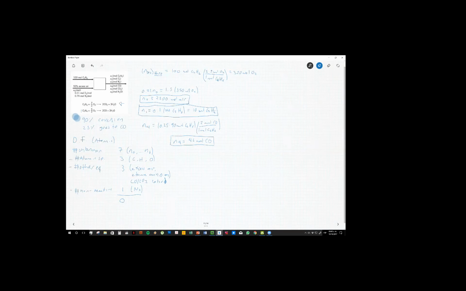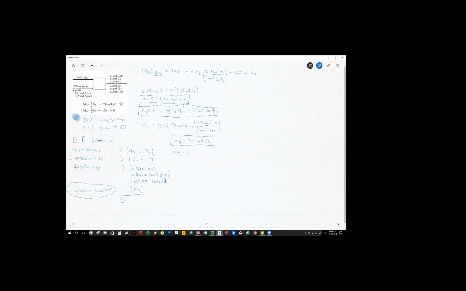Okay. And then, using for example the nitrogen balance, we know that we have a non-reactive species here, so we can calculate the amount of nitrogen that goes out, right? Because the nitrogen that gets into the reactor is the same amount that goes out of the reactor. So N3, that is nitrogen, is going to be equal to the amount of nitrogen that we have at the beginning.